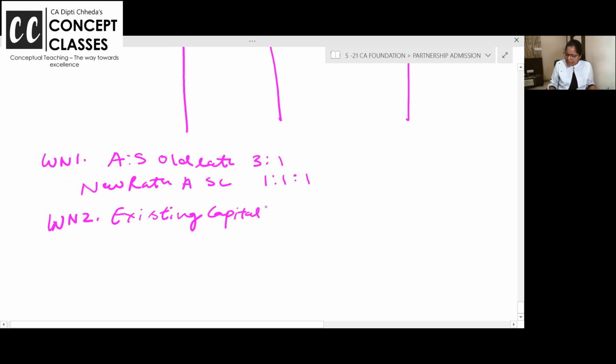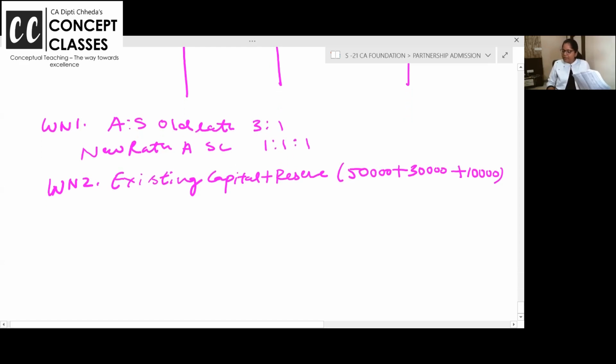Existing capital plus reserve. How much is existing capital plus reserve? Amit's capital 50,000, Sumit's capital 30,000, reserves are 10,000. Amit, Sumit and reserves together make 90,000. I hope everyone understands. Reserves are undistributed profit, but they belong to old partners, in old ratio. So it's a part of the capital, 90,000.